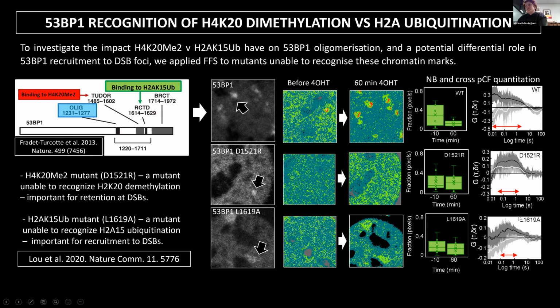So this was interesting because this histone mark seems to be important for retention, while this histone mark seems to be important for recruitment. And so there's a differential role in the histone code at a double-strand break site in maintaining significant 53BP1 retention at these nuclear locations.